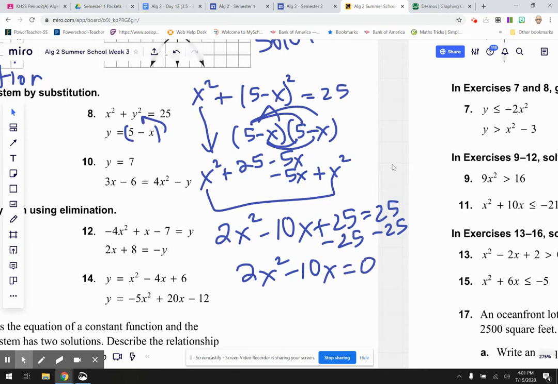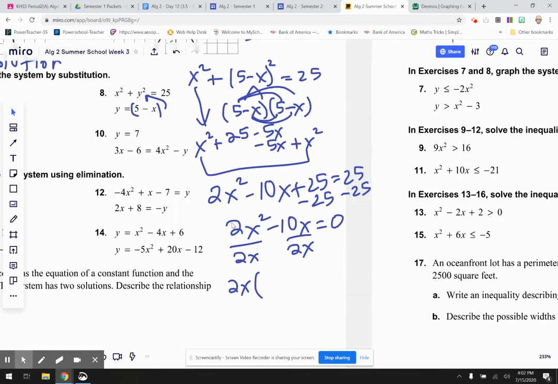To solve this one, I would take out a GCF, which is a 2 and an x. You can divide them both by 2x. So that is your GCF. If you take out a 2x, the 2's cancel and one of the x's cancels, but you're still going to have an x on top.